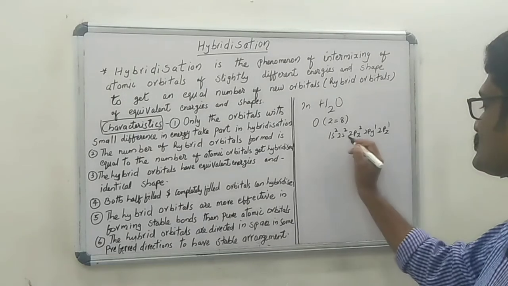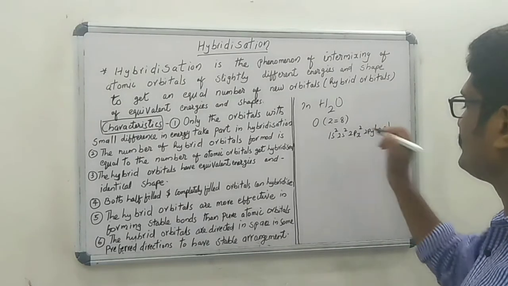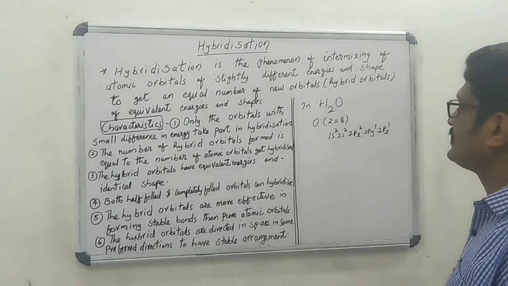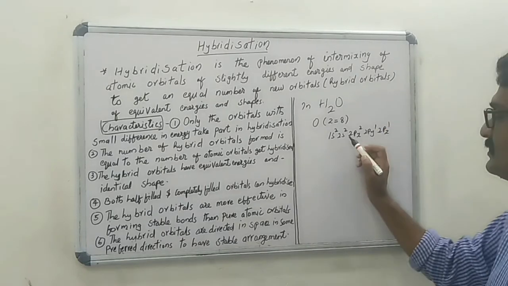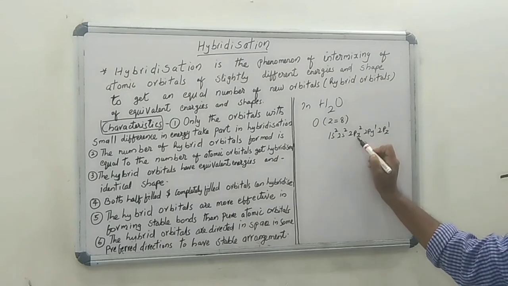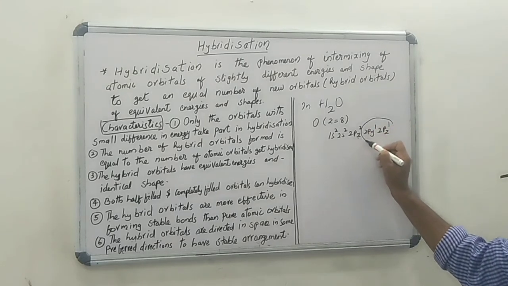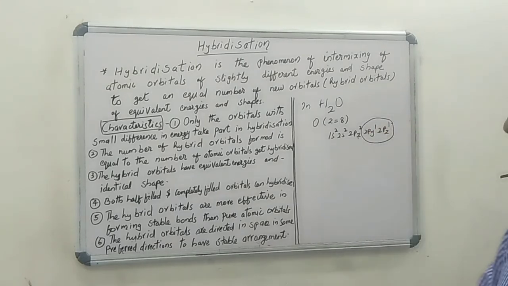According to Hund's rule, you can fill the 2p orbitals this way. This electronic configuration indicates that the number of half-filled orbitals present in oxygen atom is 2, hence the covalency of oxygen is 2.